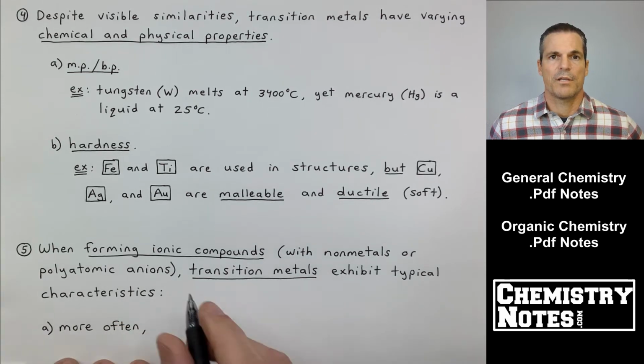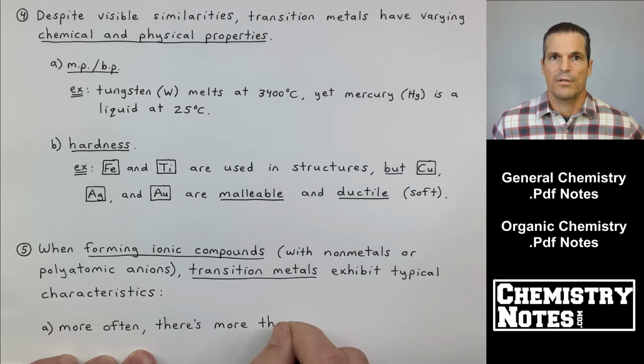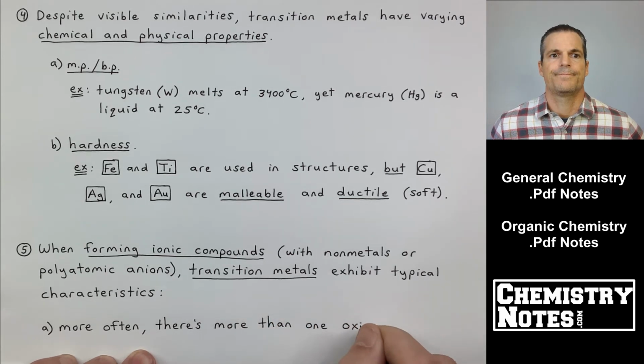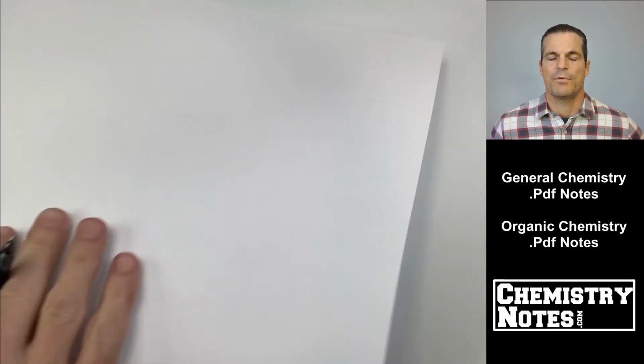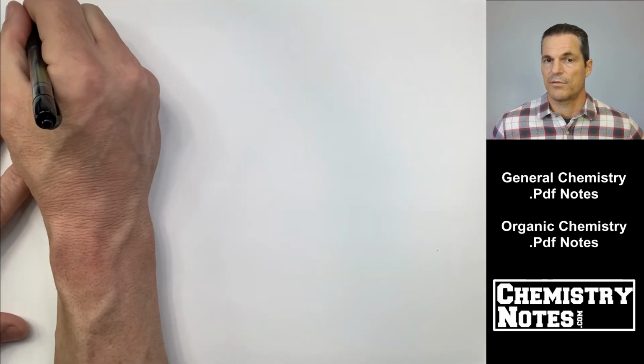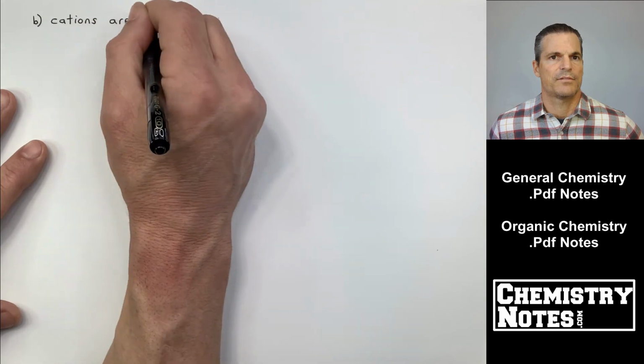Copper can be a +1, it can also be a +2. Iron likes to be a +2 and a +3, for example. Often there's more than one oxidation state, more than one charge. That's kind of characteristic only to transition metals.